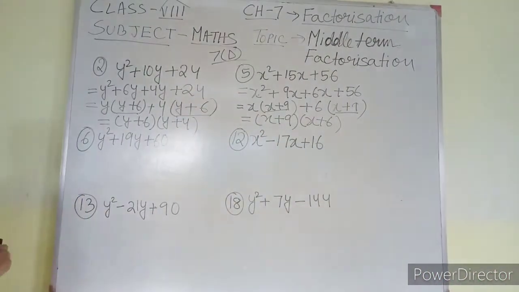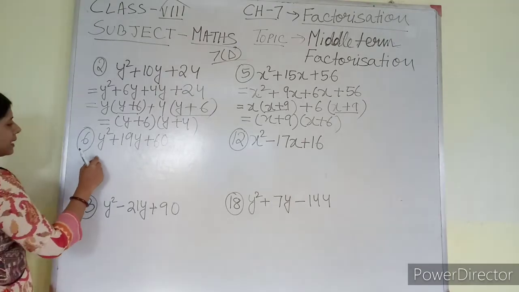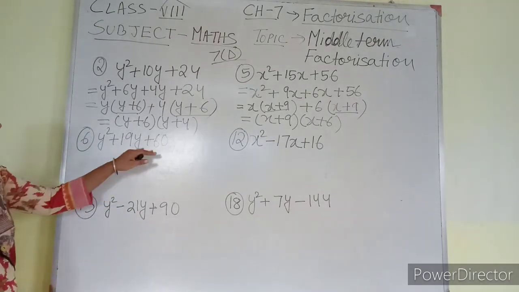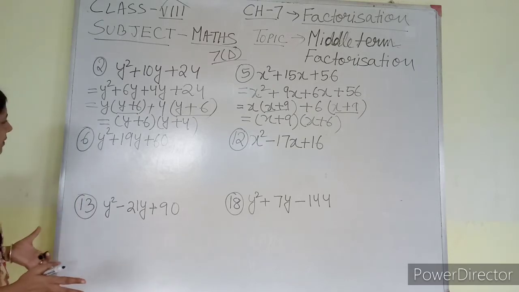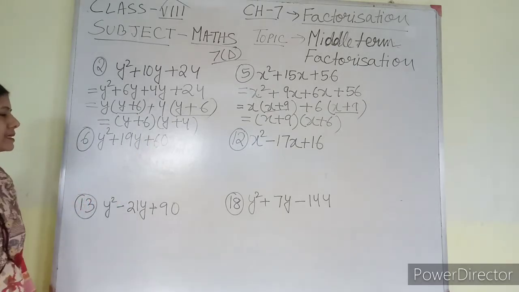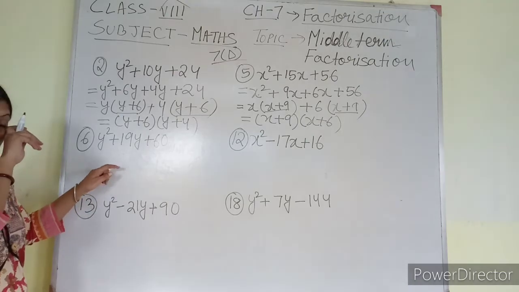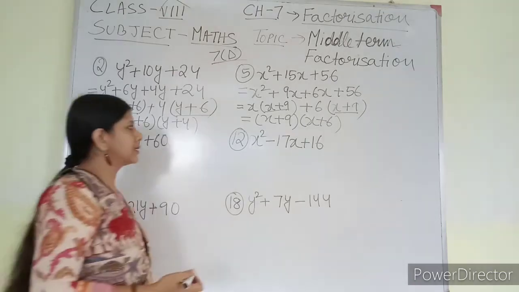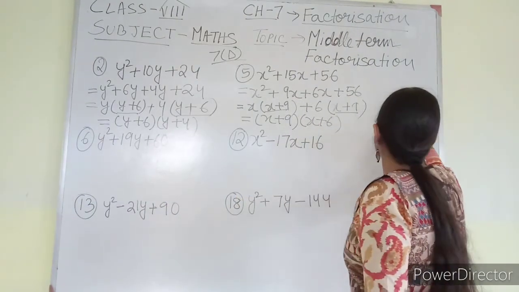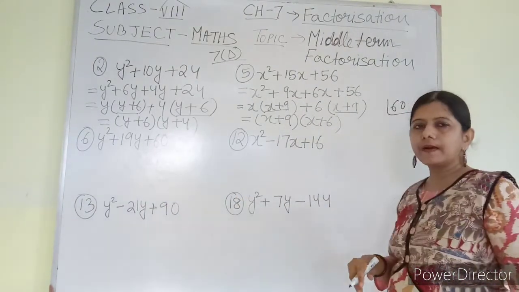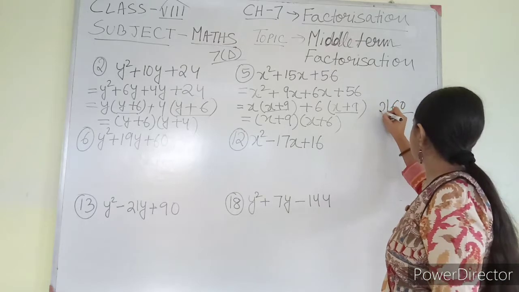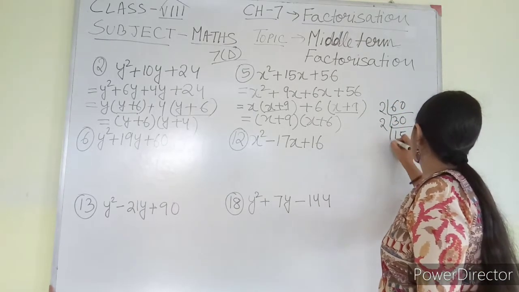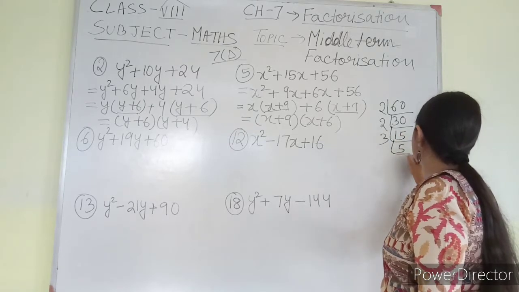Come to question number 6: y square plus 19y plus 60. Factors of 60 have to be divided in such a way to get 19. Now if you cannot do it only orally, you can factorize the number. If I factorize 60, what will I get? 30, then 15, then 5.